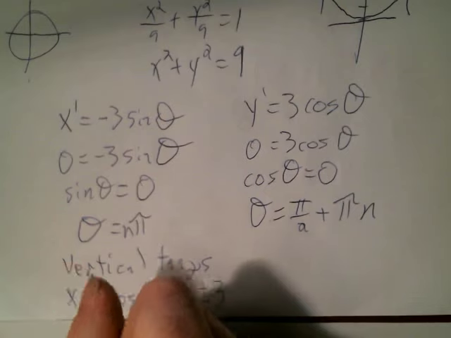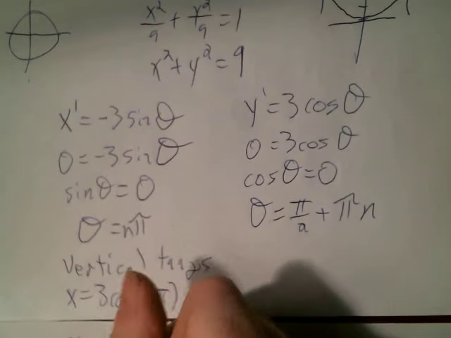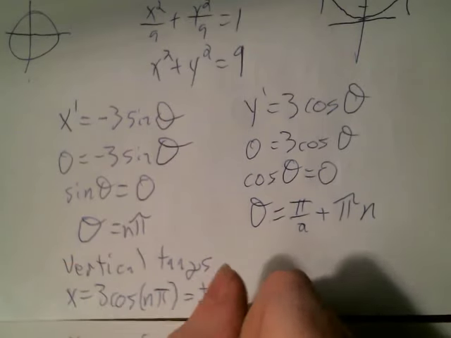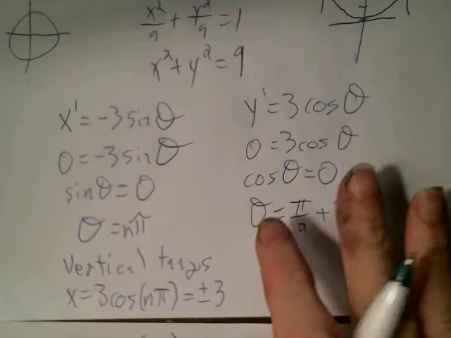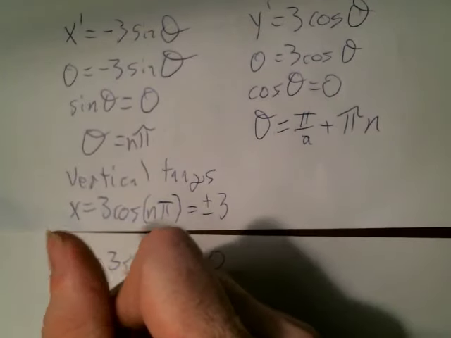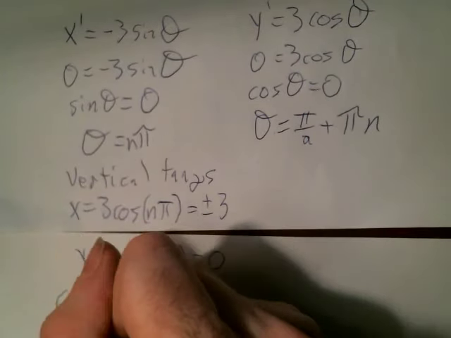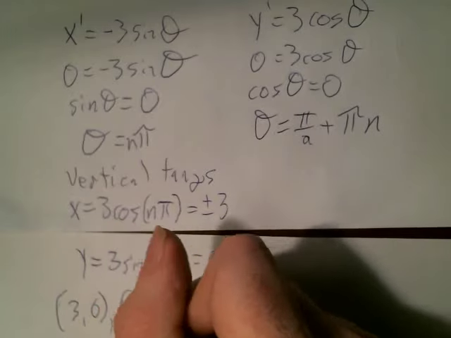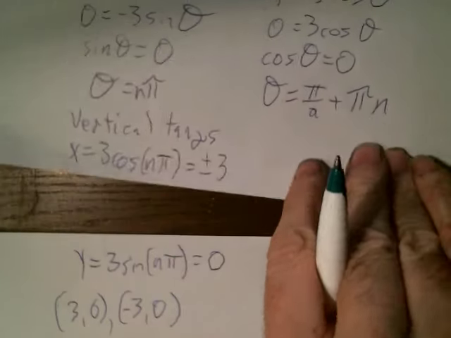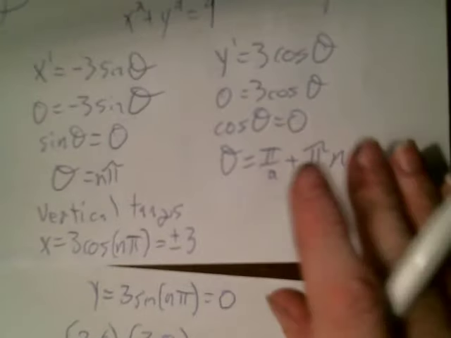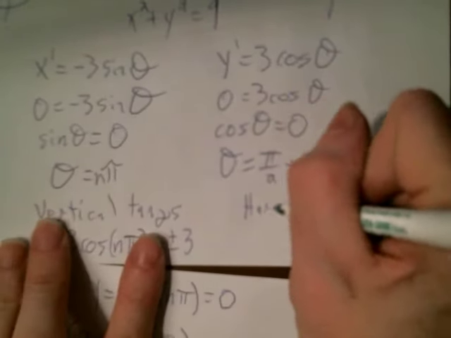And then the y coordinate will be 3 sine of n pi, which will always be 0. Okay, so our vertical tangents should happen at 3 comma 0 and negative 3 comma 0. And if you look back on your graph, here's 3, 0, vertical tangent, negative 3, 0. Okay, it works. Let's go for the horizontal tangents then.